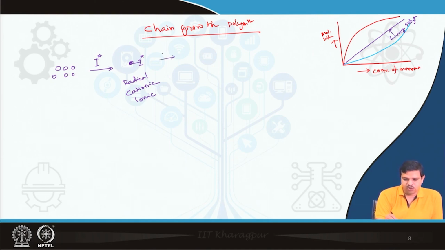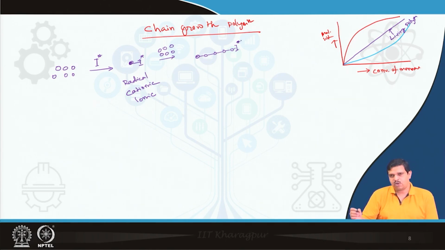Then it will react with the available monomer, and you will see it like this. So, this will not stop at an oligomer, dimer, trimer or hexamer. It will actually keep growing like that, and you will get a high molecular weight polymer by this chain growth polymerization.